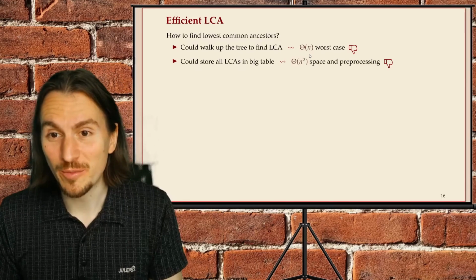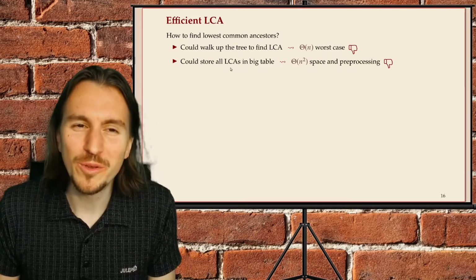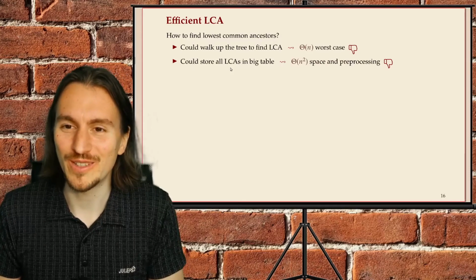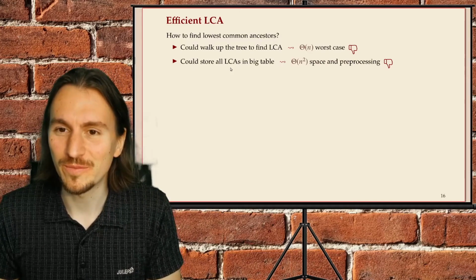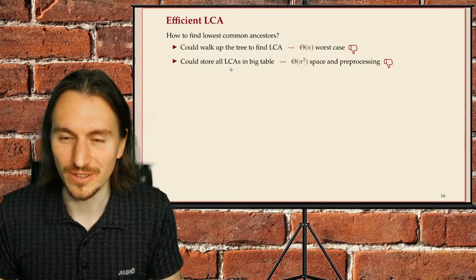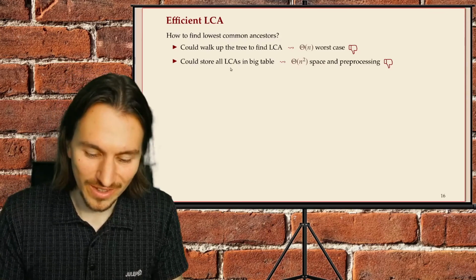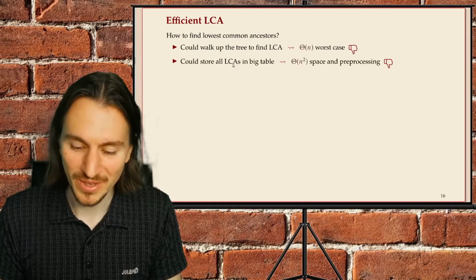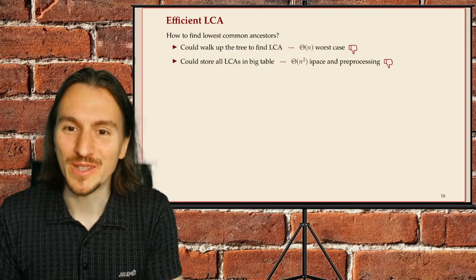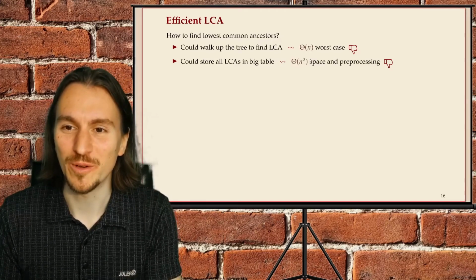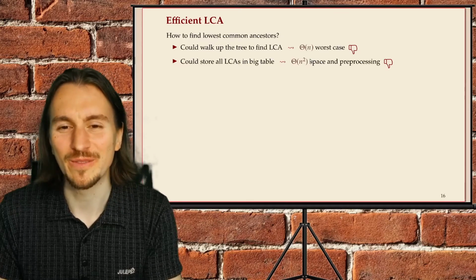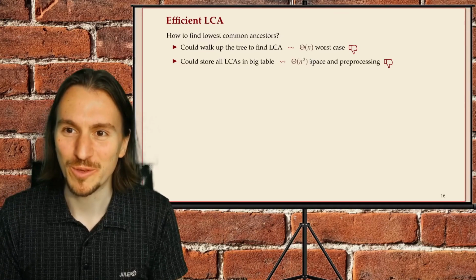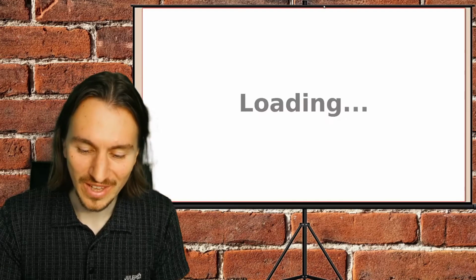The other option would be we pre-compute all the possible LCAs, LCEs, longest common extensions or lowest common ancestors. We can pre-compute all the lowest common ancestors in a big table, but that table is very big, so even just writing it out to memory would take quadratic time, and that again is not interesting for the problems we have. We can't afford this.